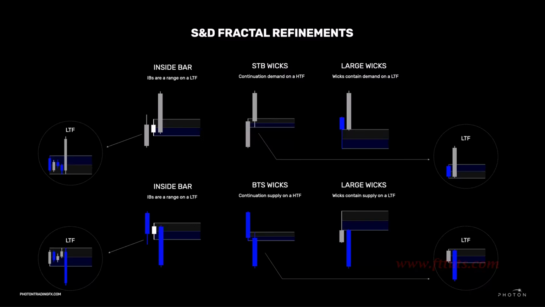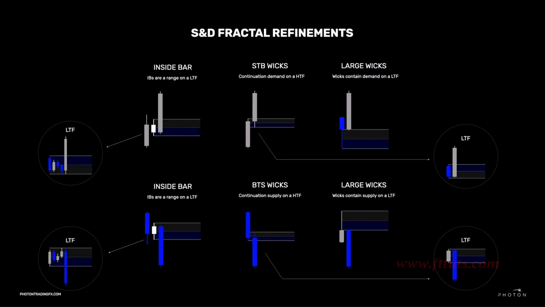So if you can see a lower time frame zone that is also visible on a higher time frame, then in theory, all other things being equal, this could make that zone hold a little bit more weight, right? Because let's say that lower time frame zone was an M15 zone, for example, on the 15-minute time frame. That is now also visible on the 4-hour in this case.